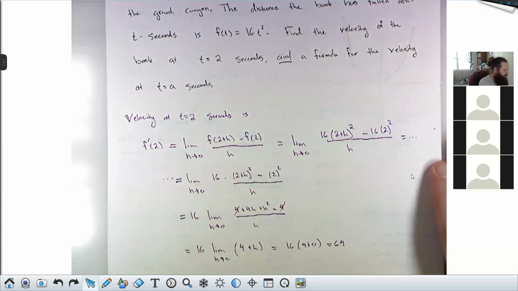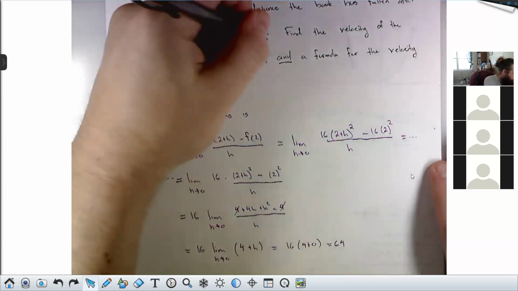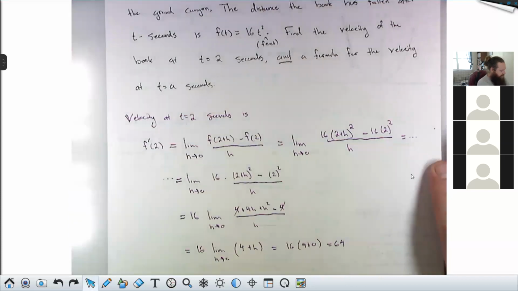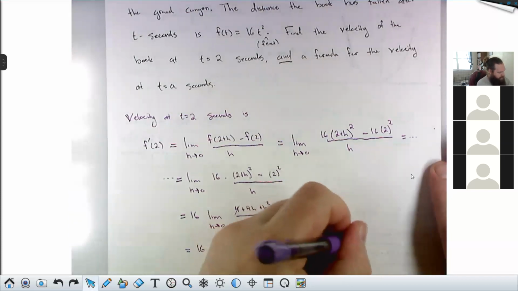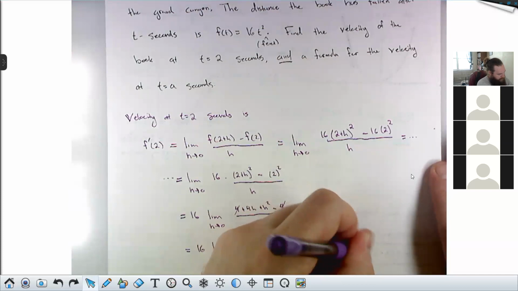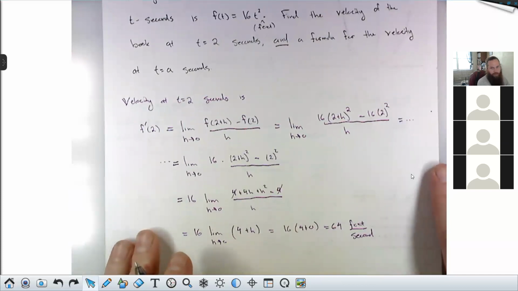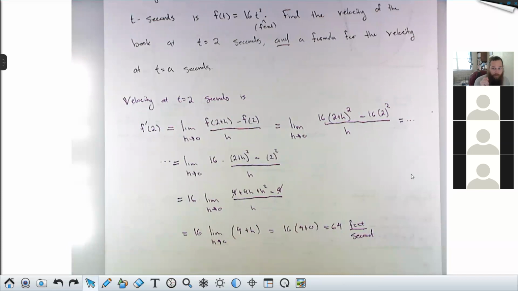Oh, I forgot to mention the units here. The units up there, this is in feet. So this would be feet per second. It's falling at 64 feet per second at that moment.